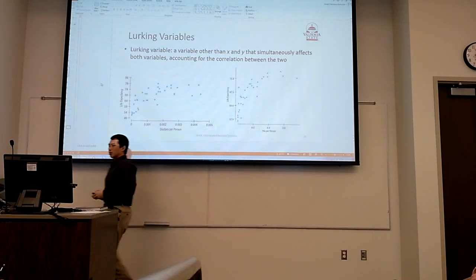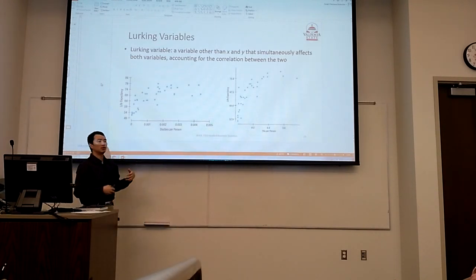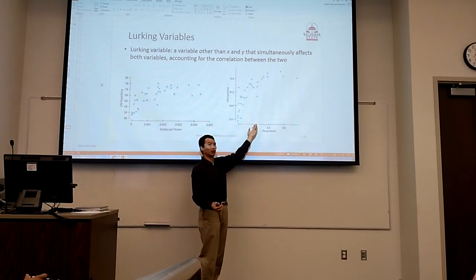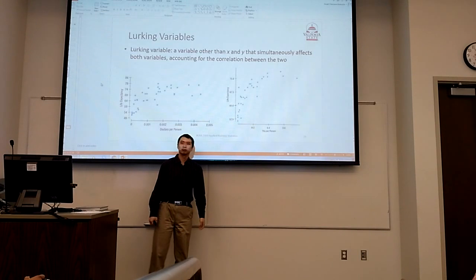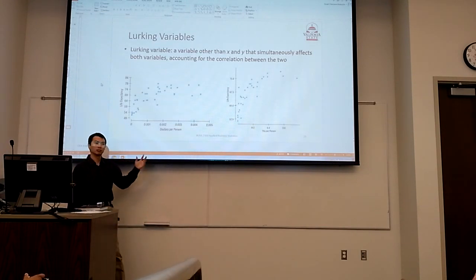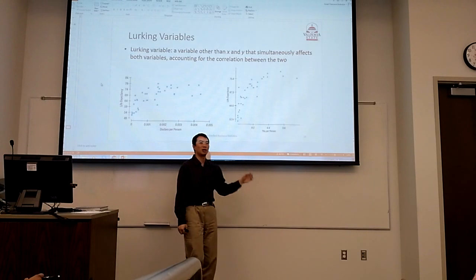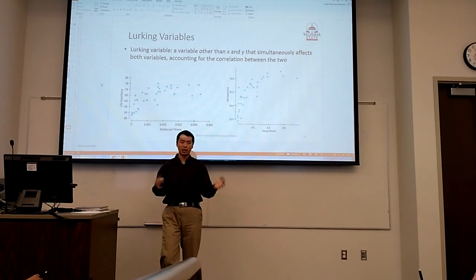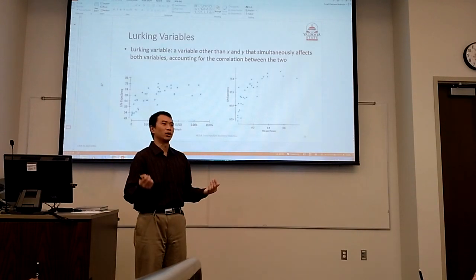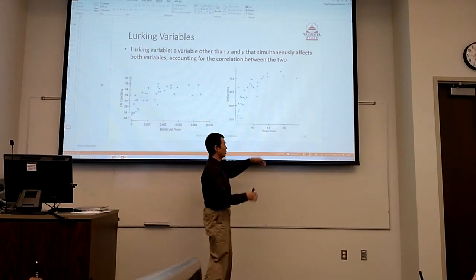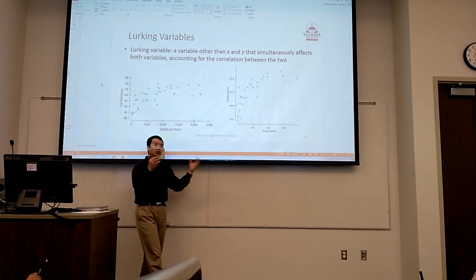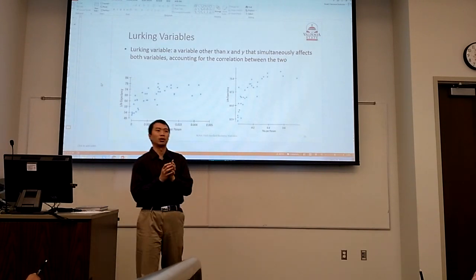But can we conclude that the number of doctors will contribute to a long life, or the number of TVs you have will contribute to a long life? Probably those two variables are not the key factor. So why do we have more TVs in one area compared with another area? Why does this area have more TVs per person, and why does one area have more doctors per person than the other area?